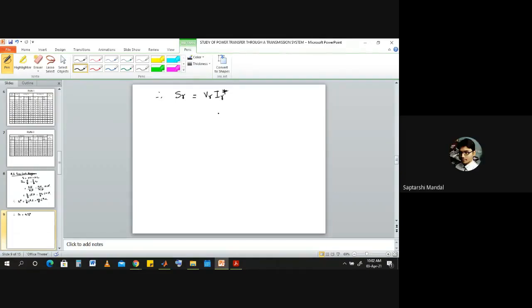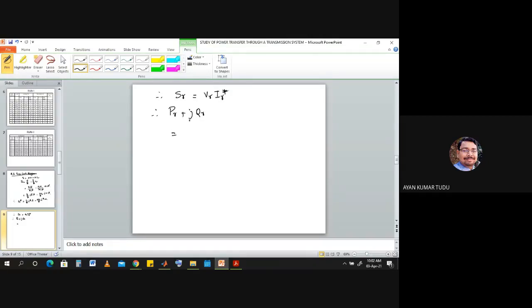Rather, the convention, please remember, is that we take the inductive power to be positive. That's why we take PR plus JQR, meaning we are taking the inductive power to be positive. That is our convention.